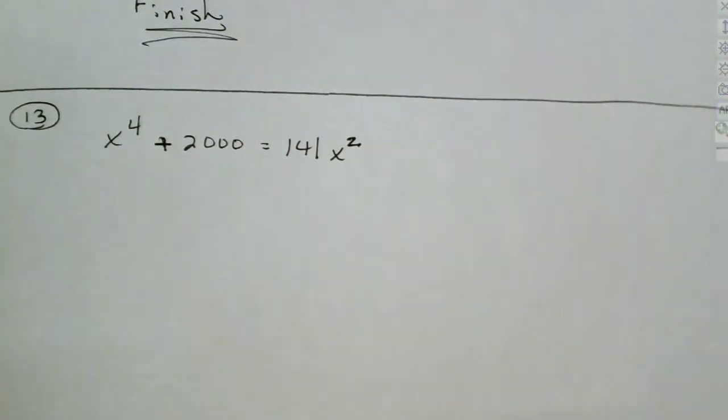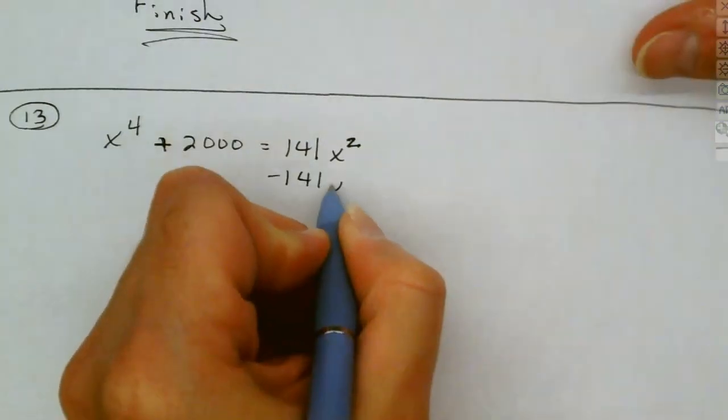Okay, this has 3 terms. Right, now, what's our highest power? 4. So that means at the end, we're probably going to end up with, at most, 4 solutions. So we're going to have to set this to 0, factor it, and then use the square root property. So let's move it around. Now make sure we get it in the correct order, because it's easy to get it mixed up.